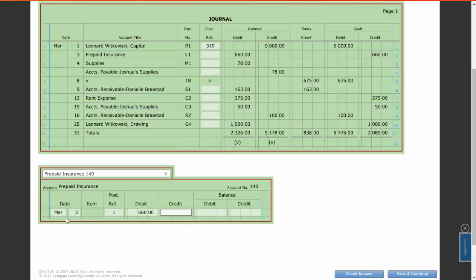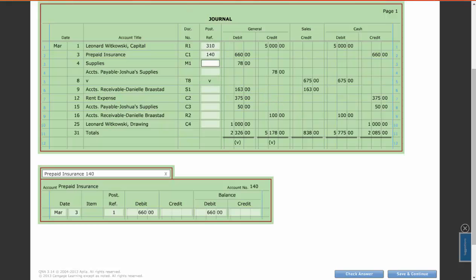What was my previous balance before I did anything in prepaid insurance? 0. And what did I just do to that account? I debited $660. So 0 plus a debit of $660 is going to give me a balance of $660. What's the last thing I do? Take my account number, back up on my journal.